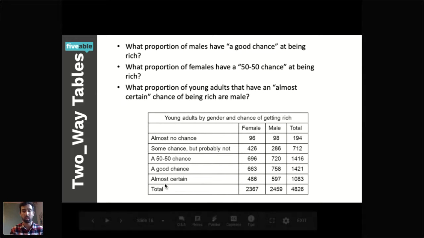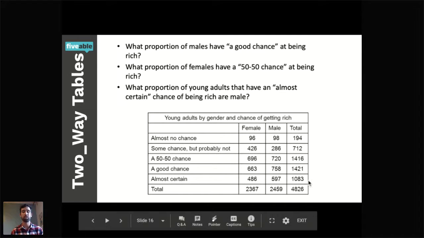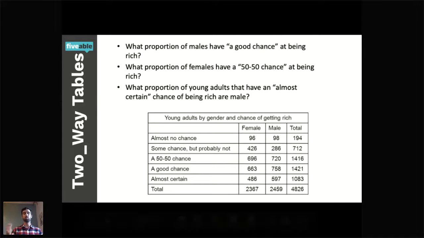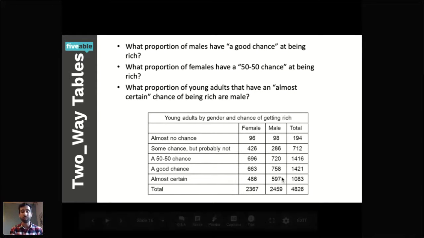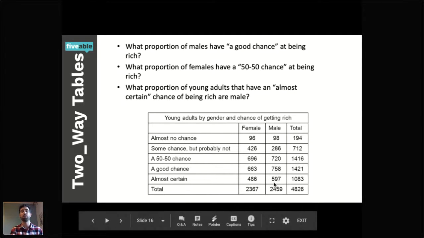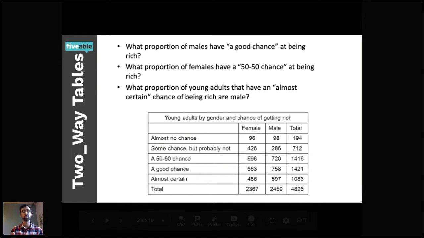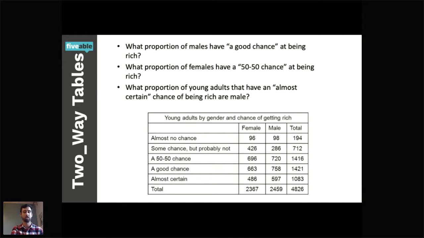So that is a 1,083 sample size, right? So we're looking at that bottom row, almost certain, 1,083. Of those 1,083, how many identify as male? Well, that's going to be 597 out of 1,083. So that gives us that percentage. But again, we do not need to reduce or simplify that.